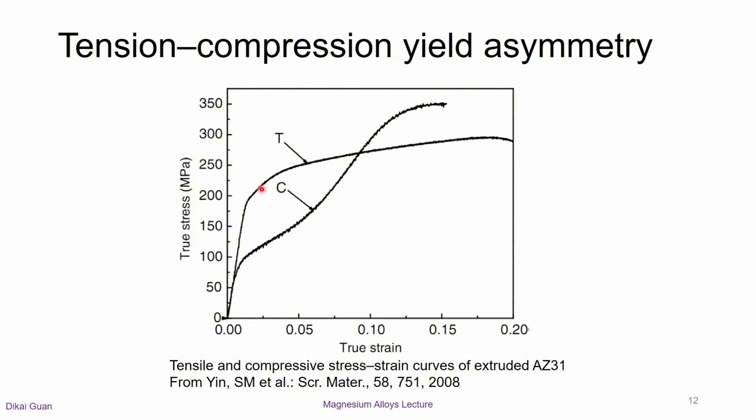Thus, the magnesium extrusions normally have a strong fiber texture. For this type of texture, basal slip is not favored under both tension and compression loading along the extrusion direction. Instead, 10-12 twinning occurs readily upon compressive loading, and the yield stress is much lower than the tensile yield stress.